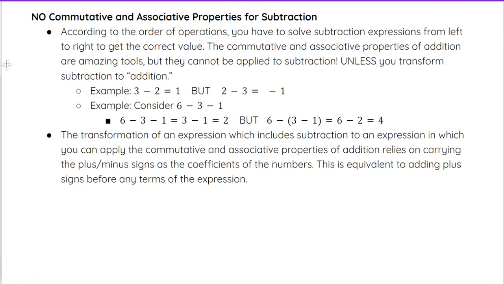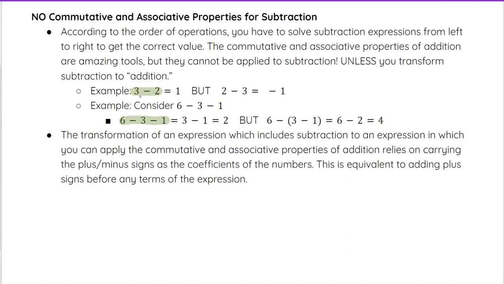So if I had a problem like 3 minus 2 or 6 minus 3 minus 1, both of those I need to solve from left to right in order. Otherwise, I do not get the right answer. So the commutative and associative properties of addition are great tools, but they cannot be applied to subtraction directly unless you transform the subtraction to addition, which we're going to look at in a second.